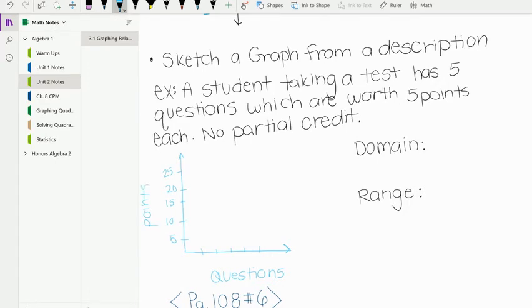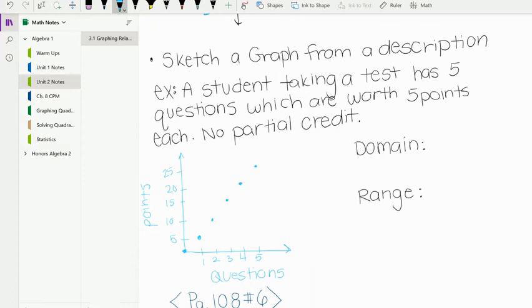So, like it says in the question, a student is taking a test and they have 5 questions, which are worth 5 points each. So if they answer 0 questions right, they'll get 0 points. If they answer 1 question right, they'll get 5 points. 2 questions right, they'll get 10 points. 3, 15, 4, 20, and 5, 25.